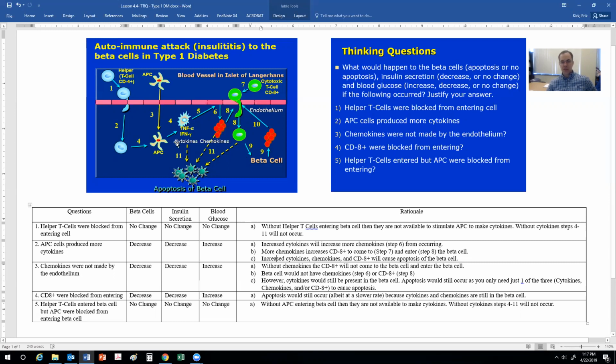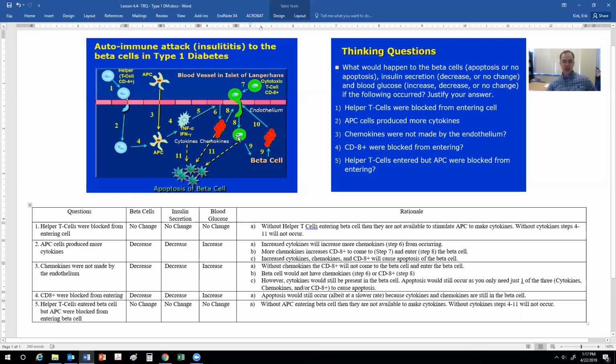However, because you still have cytokines inside the cell, apoptosis overall would still occur, but it may occur at a slower pace. Remember, you only need to have one of these three, cytokines, chemokines, or the CD8 pluses, present in the beta cell for apoptosis to occur. And since cytokines would still be present, you would have a decrease in the beta cells, a decrease in insulin secretion, but an increase in blood glucose level.